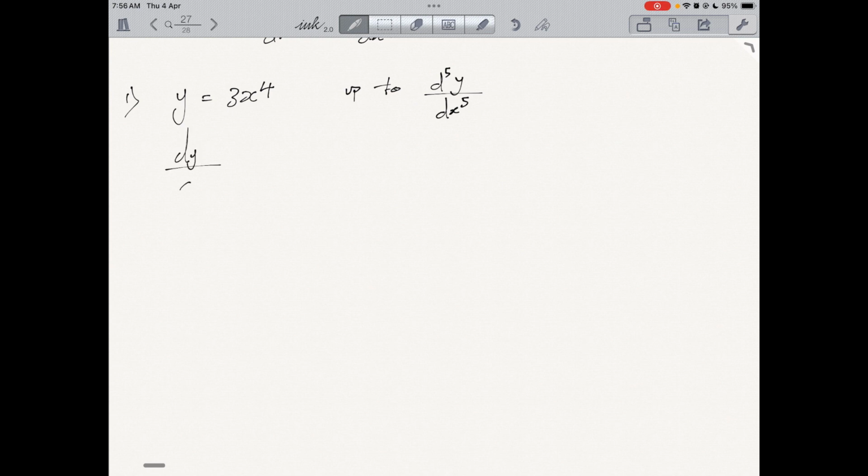The first thing we do is evaluate dy/dx. After we evaluate dy/dx, we evaluate d squared y/dx squared, d cubed y/dx cubed, thereafter d to the power 4 y/dx to the power 4, and finally d to the power 5 y/dx to the power 5.